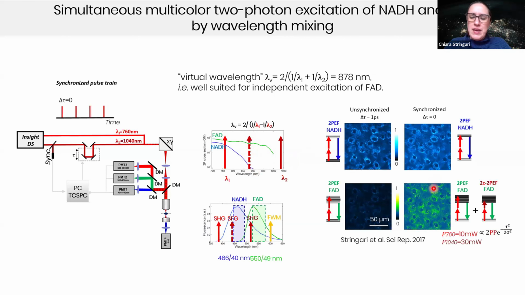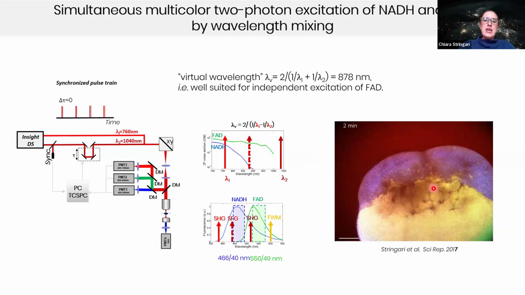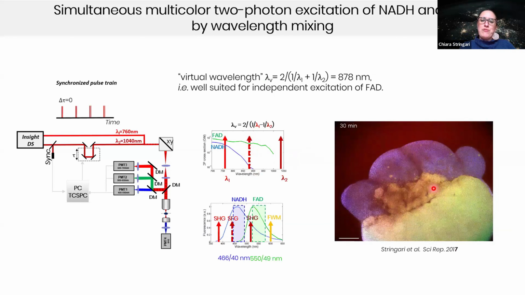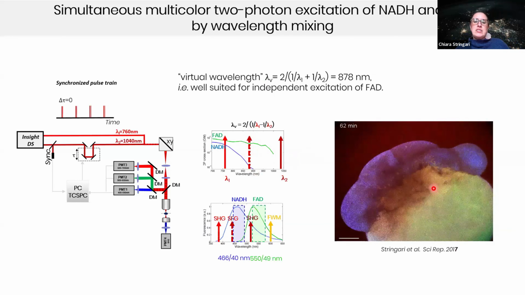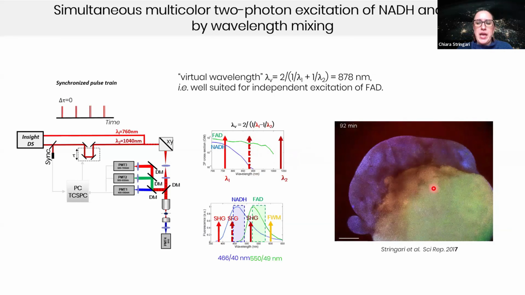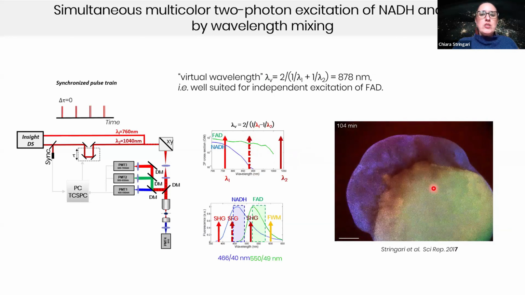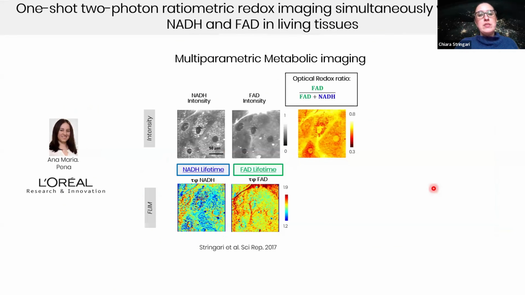And this is, of course, very important in very dynamic systems, like, for example, this developing zebrafish embryo. So what we can do with wavelength mixing is excite NADH and FAD, and we demonstrated this in a collaboration with Ana Maria Pena's lab at L'Oréal to look at reconstructed human skin tissues.